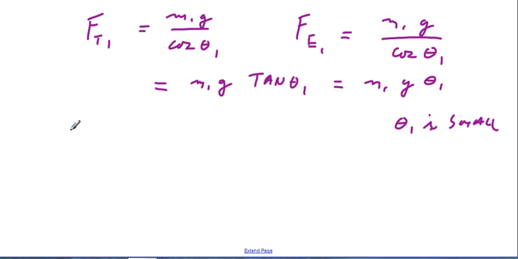And say, we're going to look at the other side at Q2, and we're going to see that the force due to the charges at 2 is going to be m2g theta 2.